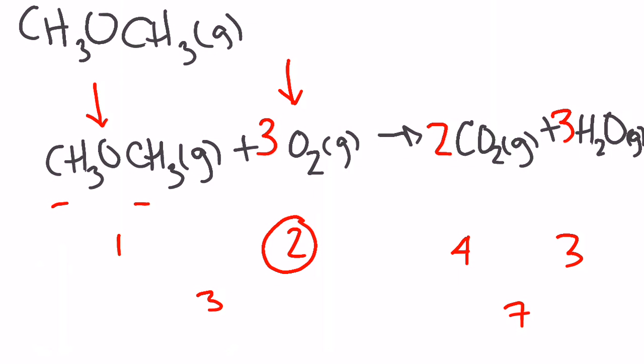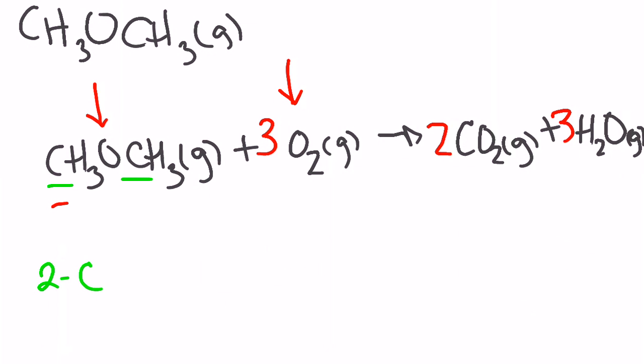Let's make sure we have the same number of everything on each side. I'm going to erase all of these real quick. On the left-hand side, there are 2 carbons, and on the right-hand side, there are 2 carbons. There are 6 hydrogens on the left-hand side and 6 hydrogens on the right-hand side.